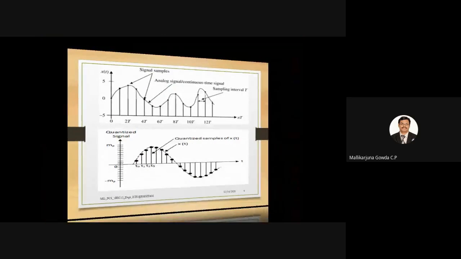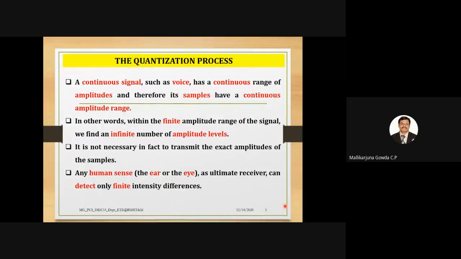Fine. Let us have a detailed discussion about the quantization process. As I said, the continuous signal, it may be voice, has a continuous range of amplitudes, and therefore its samples have a continuous amplitude range. In other words, within a finite amplitude range of the signal, we find an infinite number of amplitude levels.